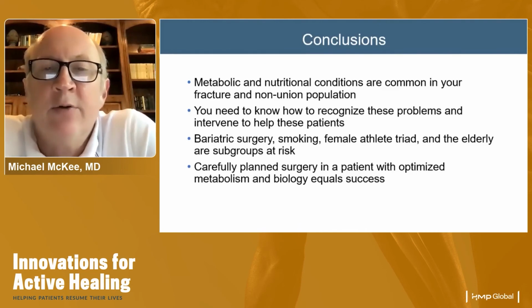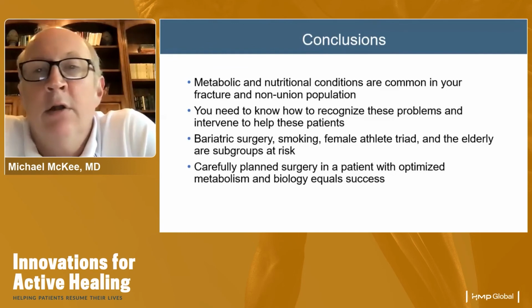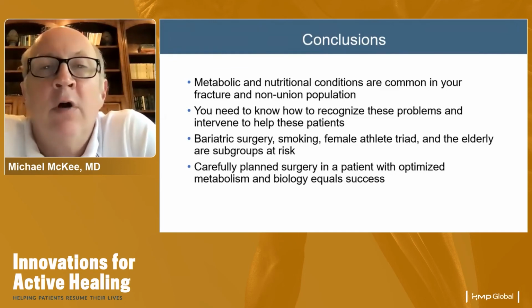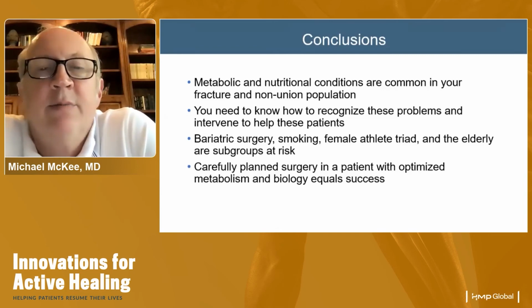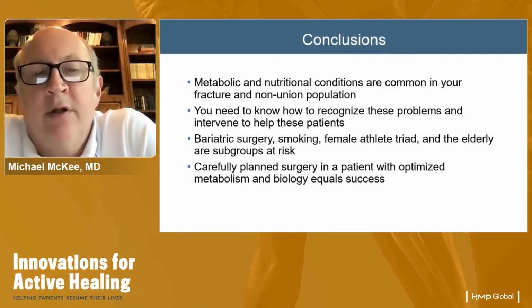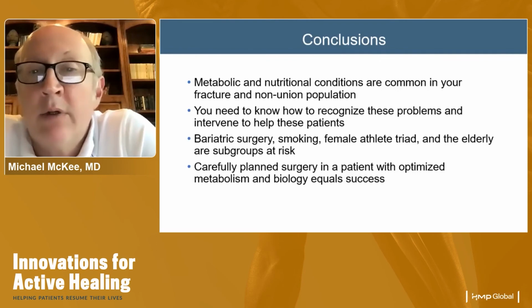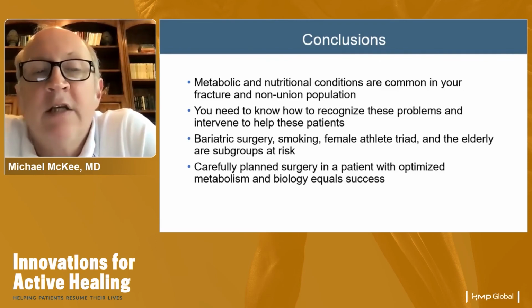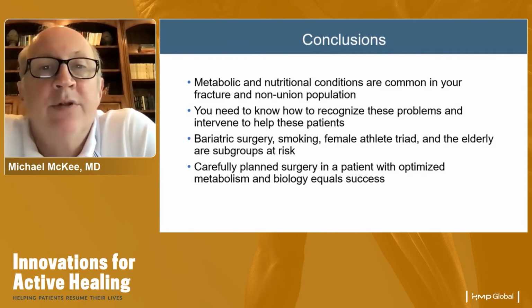And of course, the elderly with poor nutrition, low albumin, terrible dietary habits, et cetera, are all subgroups that are at risk. And if you see these in your clinic, you need to make sure that you optimize their correctable factors before you operate on them. And that in general, like anywhere else, carefully planned surgery in a patient with optimized metabolism and biology equals success.